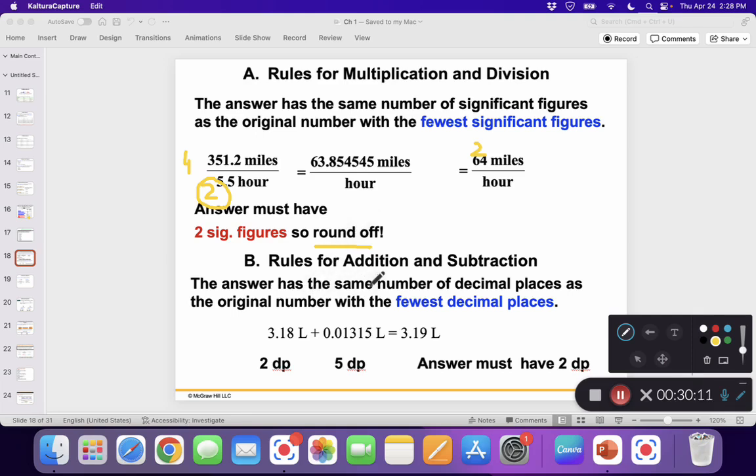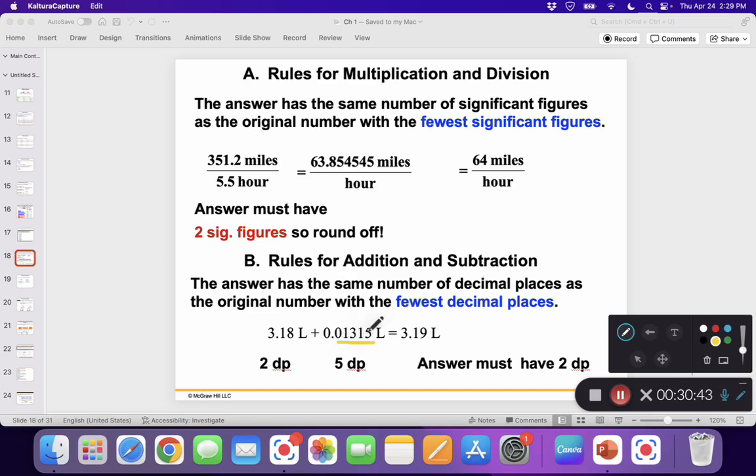In the case of addition and subtraction, this time we have to count the decimal places. Decimal places means how many digits there are after the decimal. So 3.18 means I have 2 decimal places here. 0.01315 means I have 1, 2, 3, 4, 5 decimal places, because all these numbers are behind the decimal.